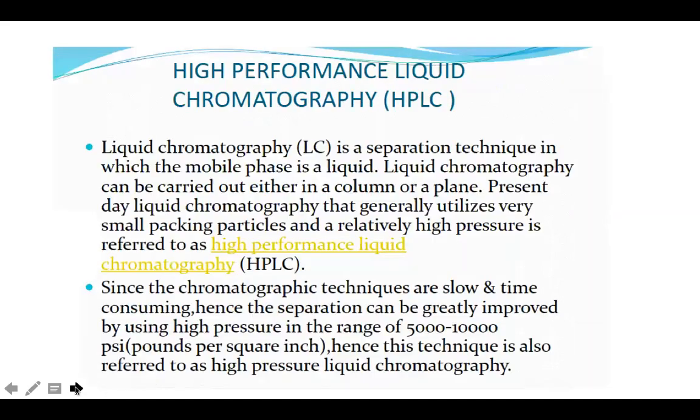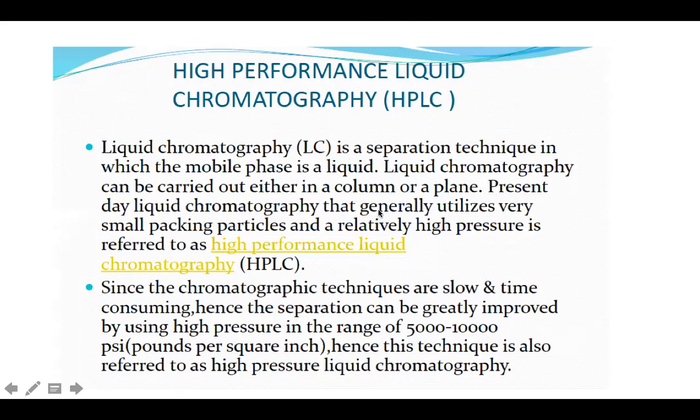The most important and last topic is high performance liquid chromatography. High performance liquid chromatography, at BSMRU we have it in the central lab. High performance liquid chromatography is a separation technique in which the mobile phase is a liquid. Liquid chromatography can be carried out either in a column or a plate.